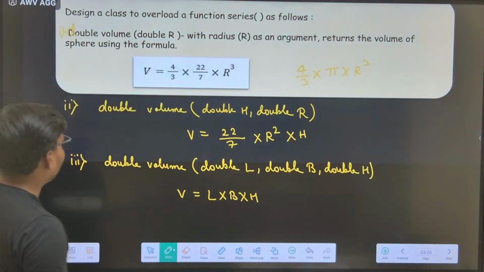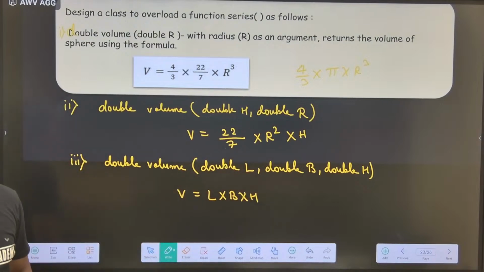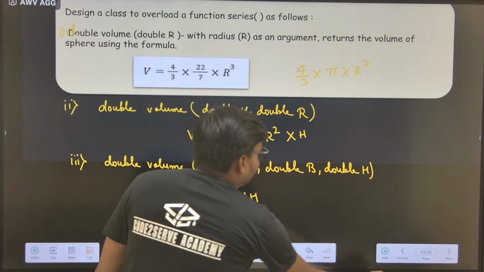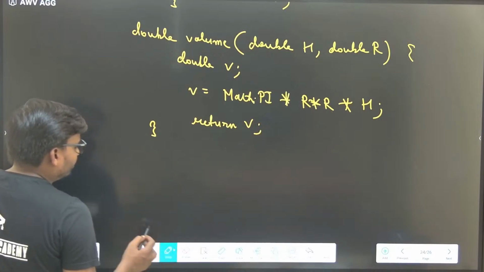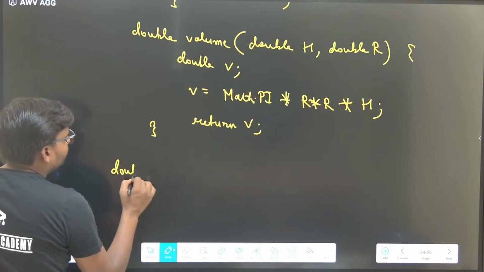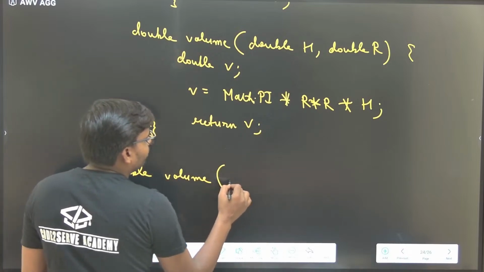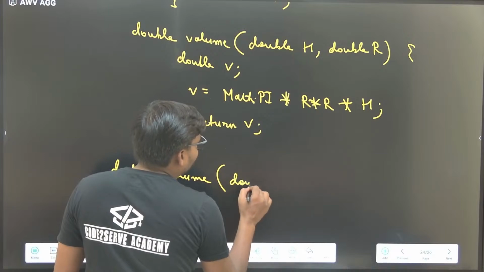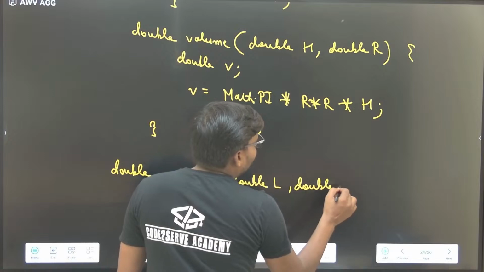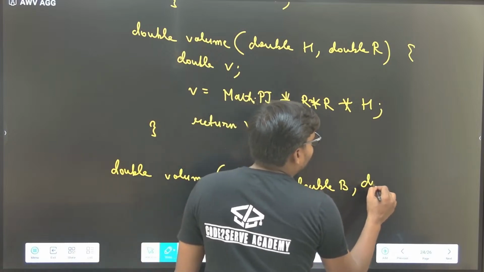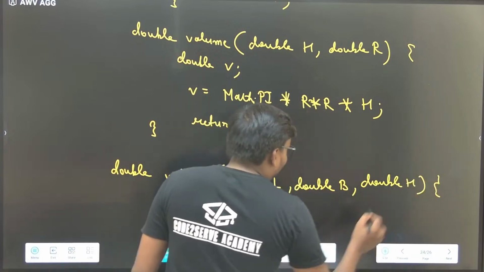Now check for the third part. You will return L, B, H, and simply you have to calculate L into B into H. Now in this case, you will get three arguments. So double volume, and here you get double L, double B, double H. And then what you have to do?